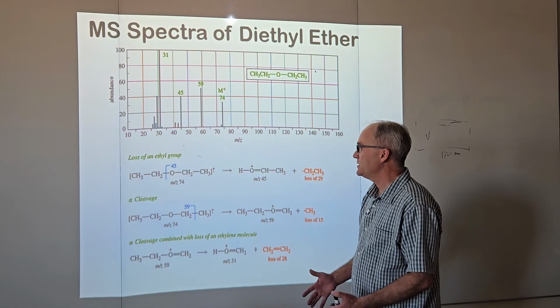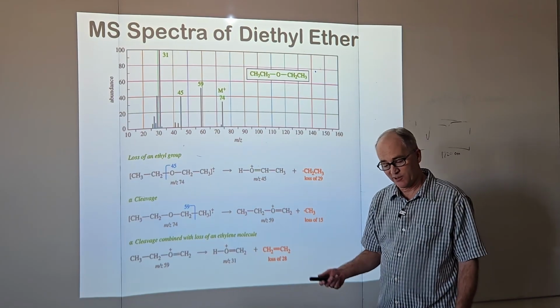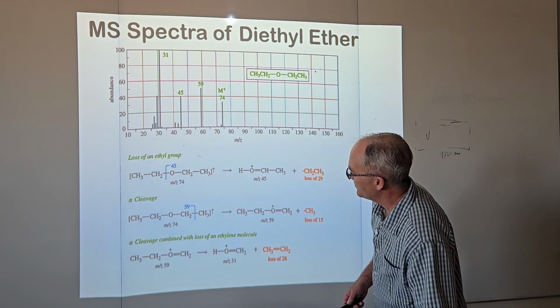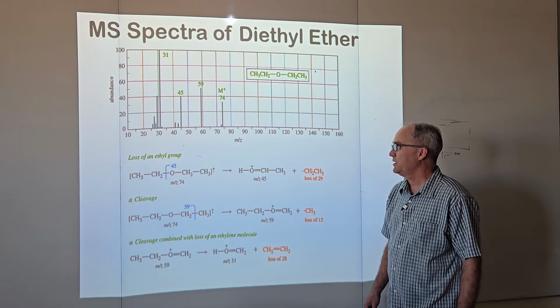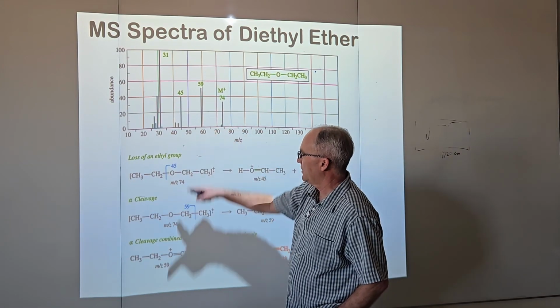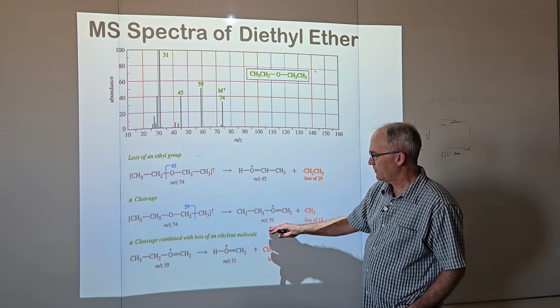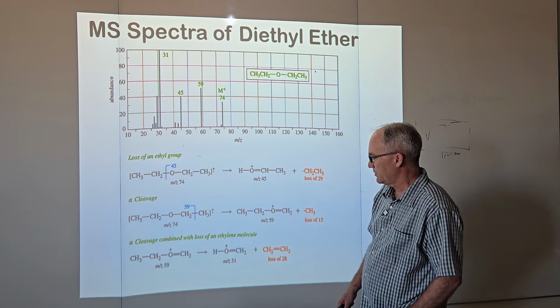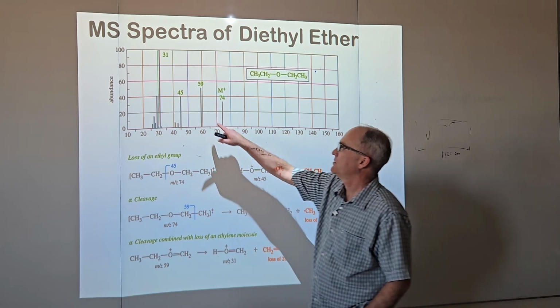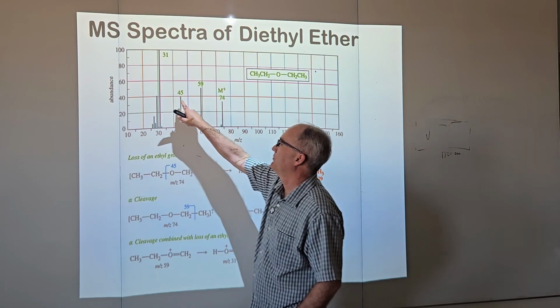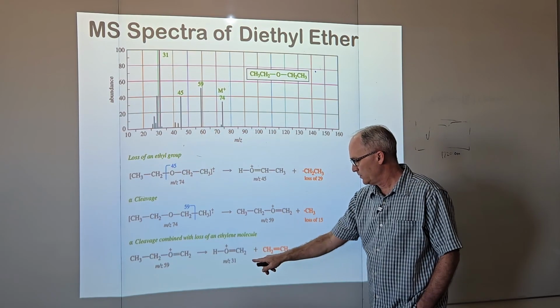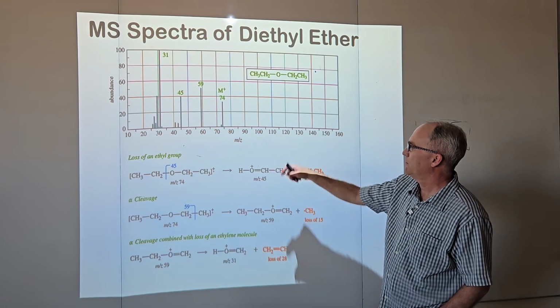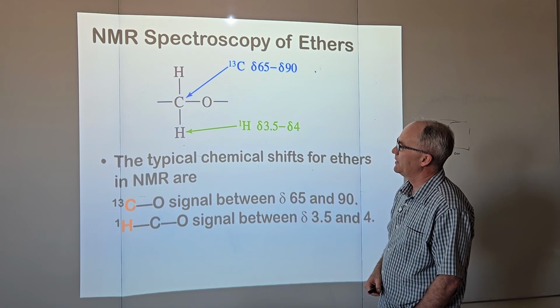And that's our base peak. So when I look at this and try and rationalize maybe the base peak, I have to say it must be a kinetic issue, that we're getting a lot of alpha cleavage, and then right after the alpha cleavage, we lose this ethylene. So there's still some of this around, but most of it quickly goes to this thing. We see all these. Next up, NMR.